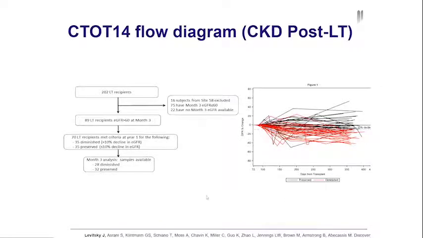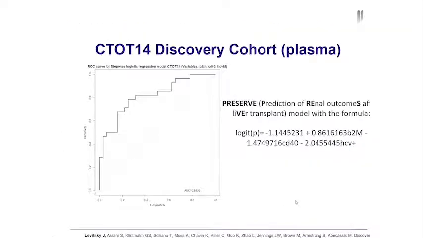We were able to publish this recently in Hepatology. And what we developed is a model at 3 months post-transplant that included 2 markers, beta-2 microglobulin and CD40, and hepatitis C. And this worked well in hepatitis C, non-hepatitis C patients, or those who had cleared it.